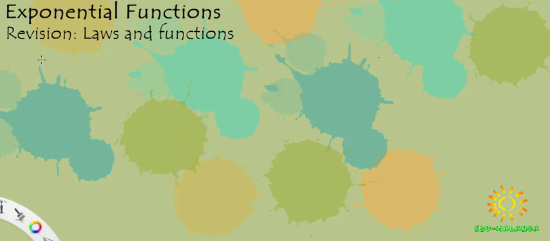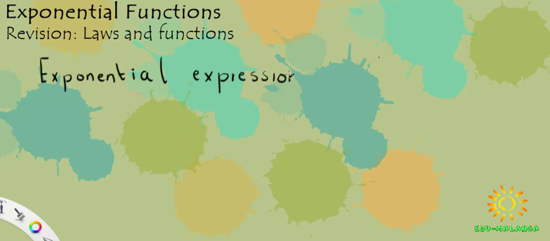What we're going to do first is define an exponential expression. We're saying expression and not number because sometimes your base can be a value like a or x, and so that's an expression and not a number. Let me explain what an exponential expression is. An exponential expression consists of two parts.